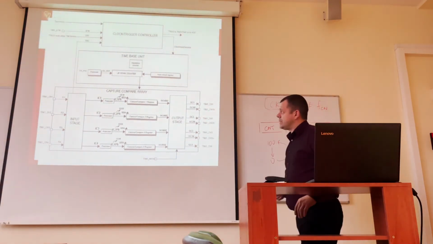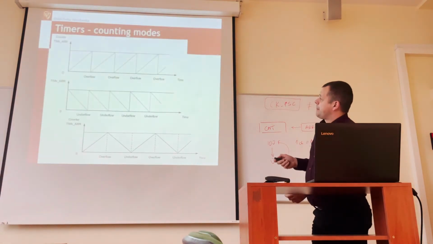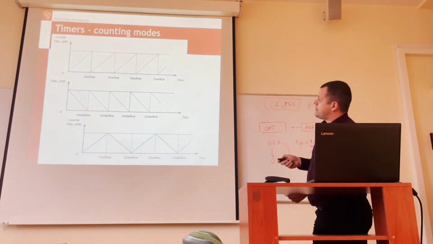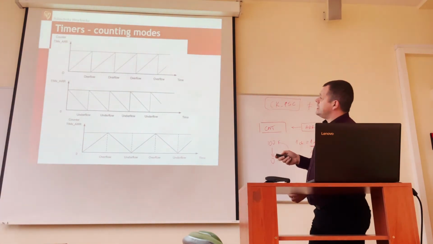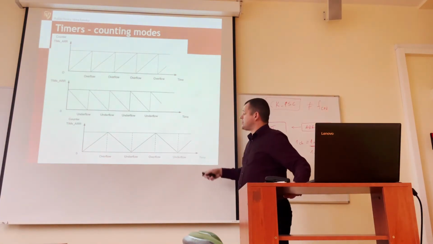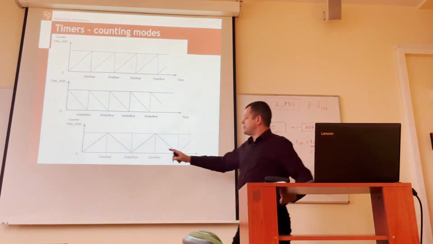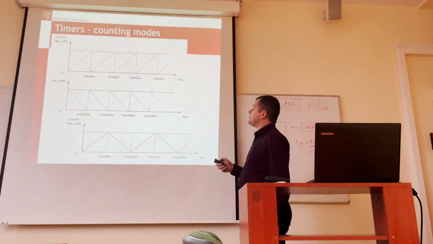So this is functionality number 1 of this capture and compare. Of course, it works in both directions, so we can have up functionality and down functionality. We can change the direction. It's also possible that the counter works in an operating mode where it goes up, down, up, down.